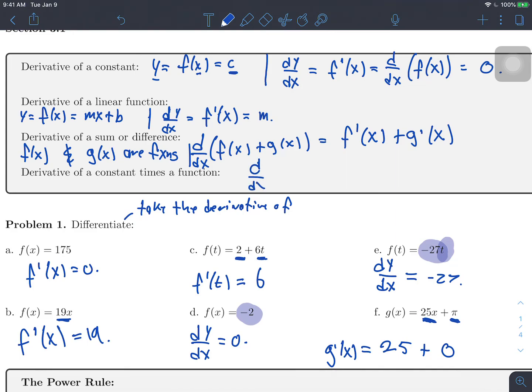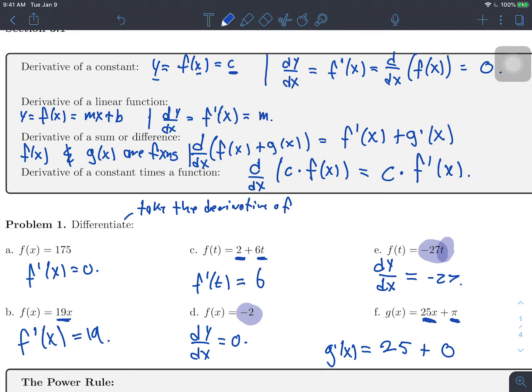If we do d dx of c, some number, times the function f of x, we get c times the derivative of f of x. Okay? So if we take a function, multiply it by some number, the derivative also gets multiplied by that same number.